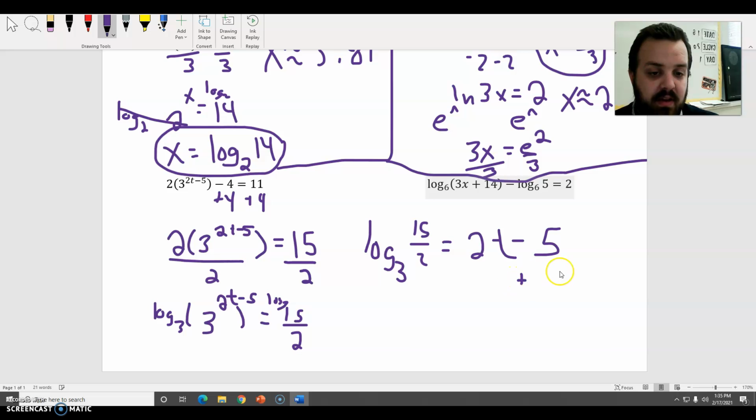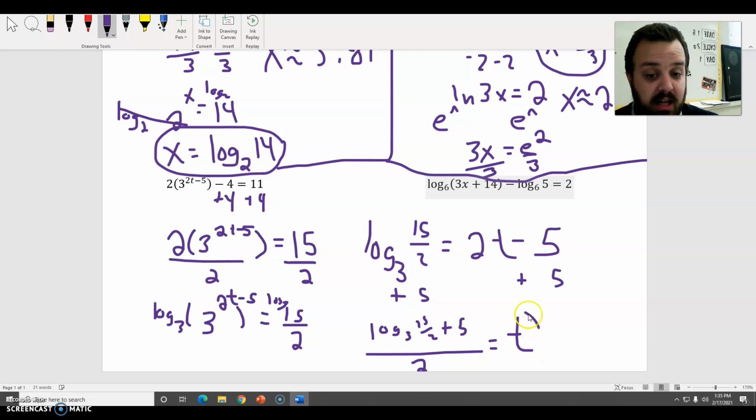So I'll go ahead and add 5 to both sides. And I'm going to end up dividing by 2 as well. So I'm going to get the log base 3 of 15 over 2 plus 5, divided by 2, equals t. And again, really kind of a gross answer, right? Oh, what the heck does that mean?